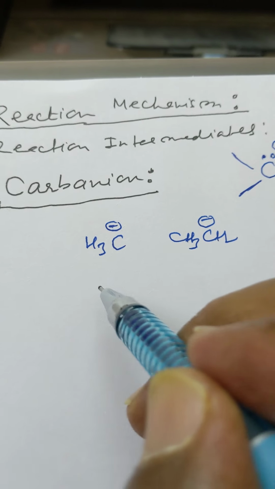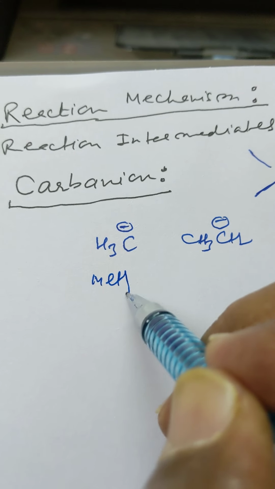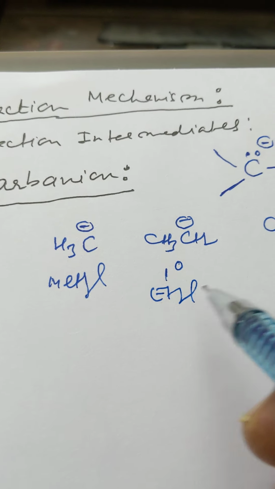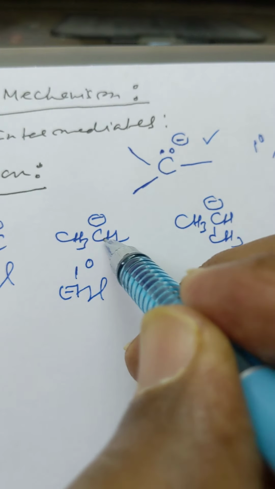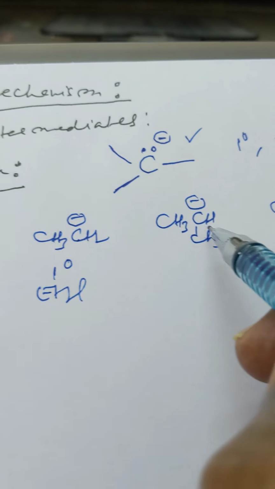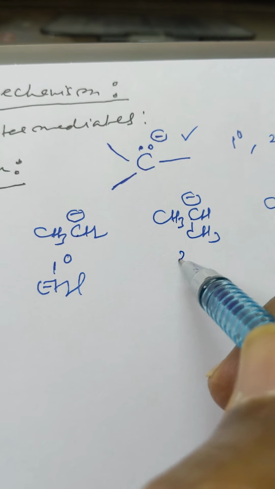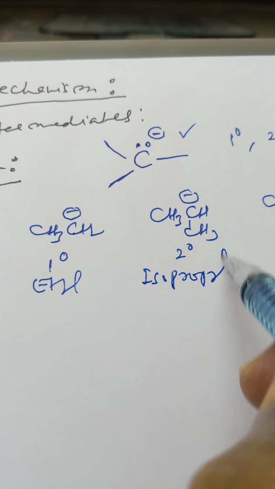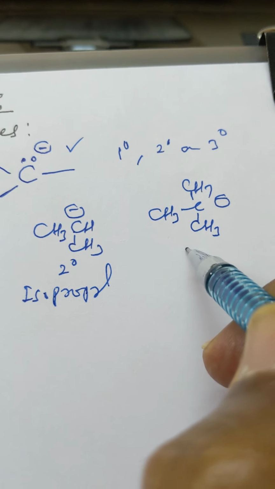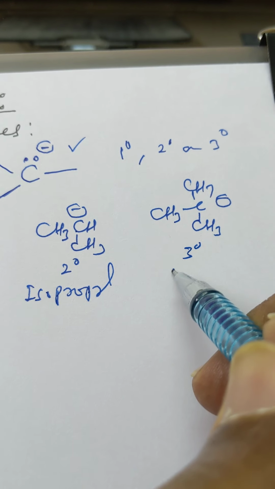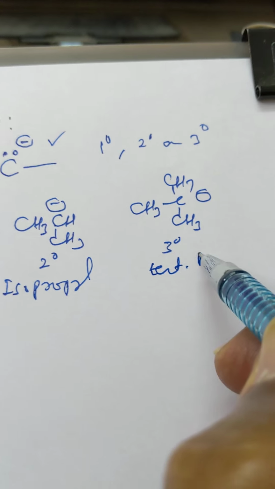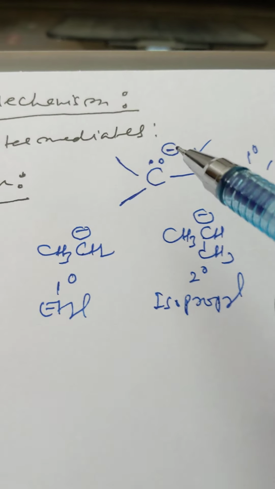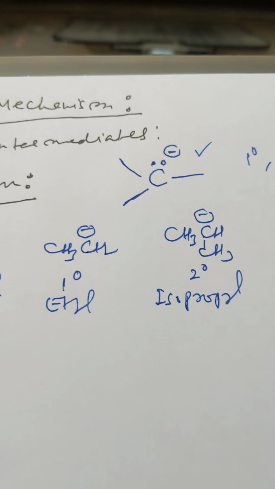So this is methyl carbanion, but this one is primary. Name will be ethyl carbanion, but it is primary because this carbon having negative charge is primary one. This carbon having negative charge is secondary, so hence it is secondary. It will be isopropyl carbanion, and this will be tertiary, that is tertiary butyl carbanion. Just we started ki carbanion can also be primary, secondary and tertiary.